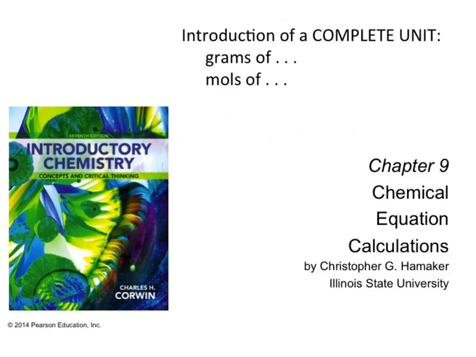More problems that you could go through and work. Chapter 9 really makes it important to talk about a complete unit. Direly important. I keep emphasizing that with chapter 8 and that material we just looked at. 9 is even more important. Why? 9 takes a look at chemical equations.